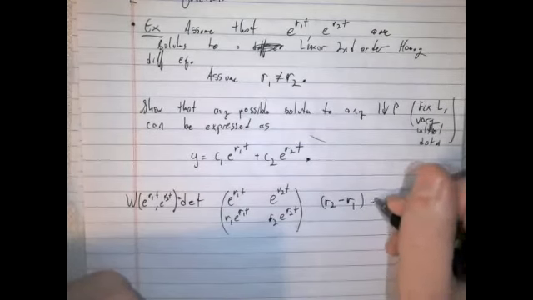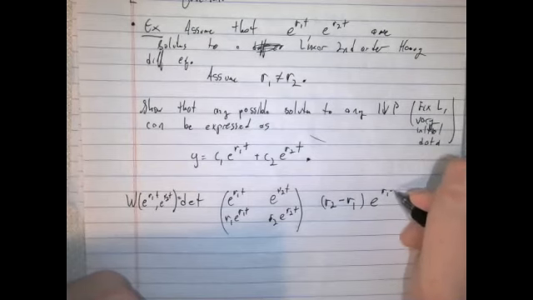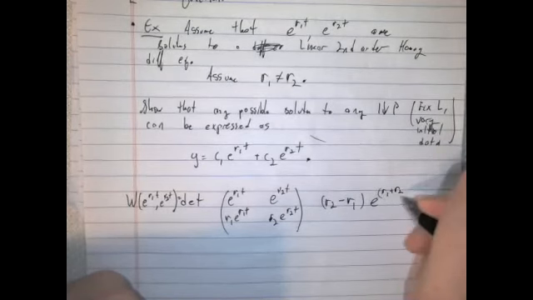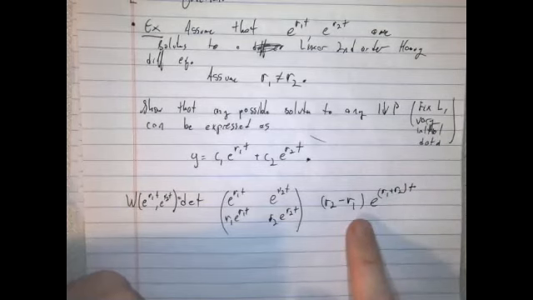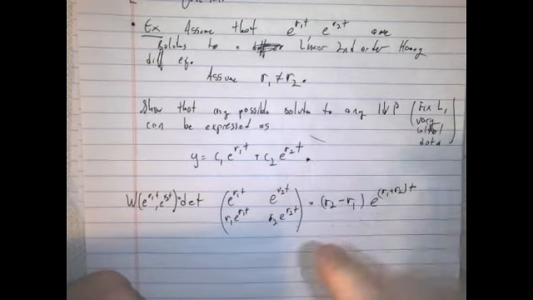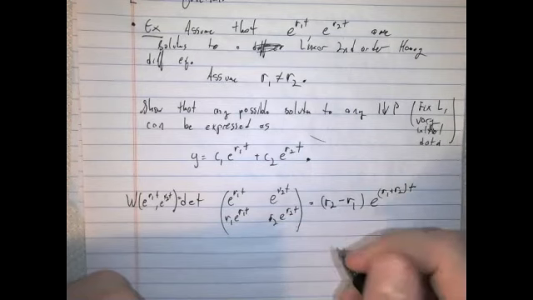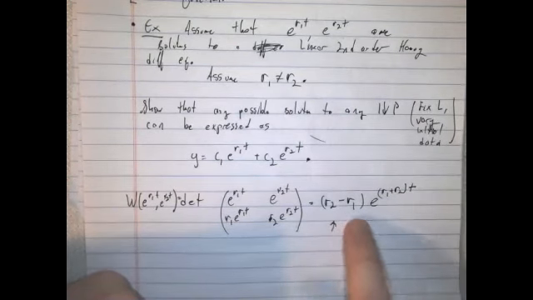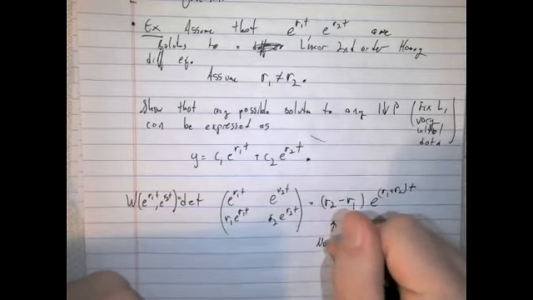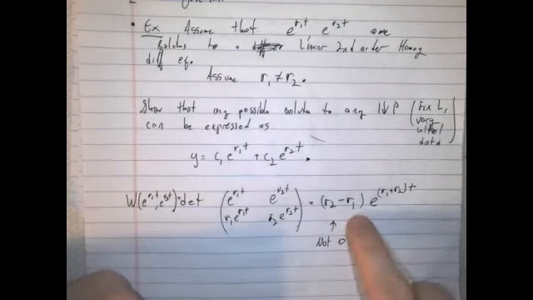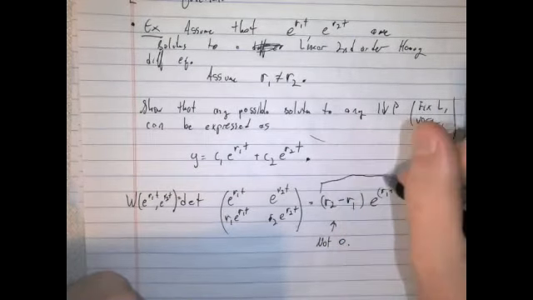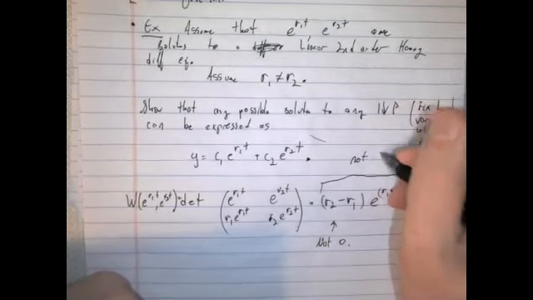R2 minus R1 e to the R1 plus R2 t, right? Do we agree that this is the determinant if we factor? We assumed that R1 is not equal to R2, so is this 0? No. Not 0. Since this is not 0, this function is not the 0 function.